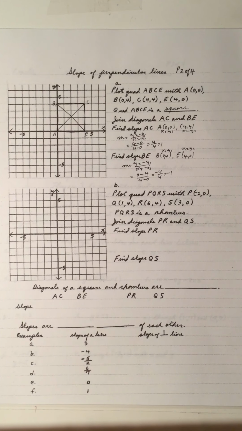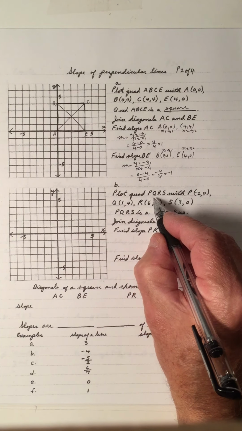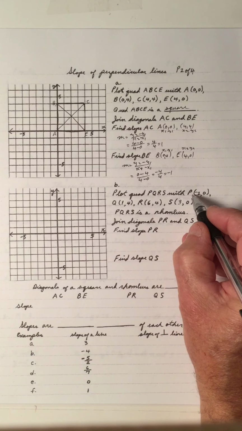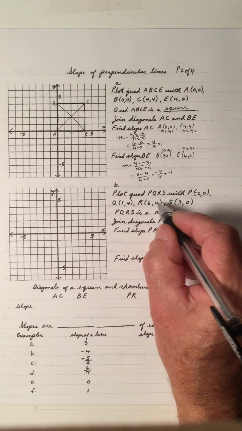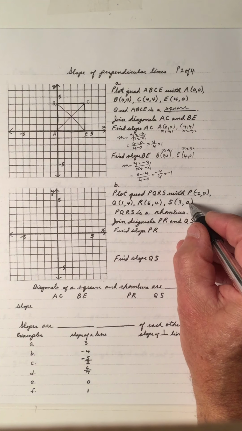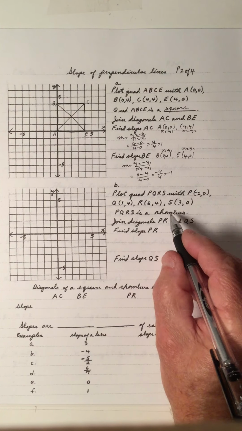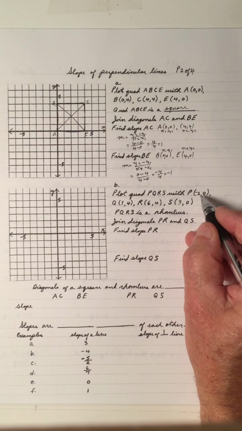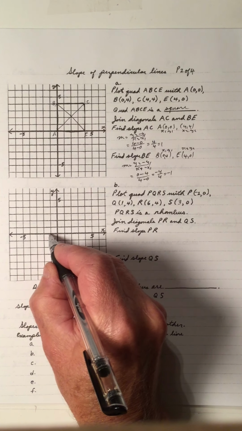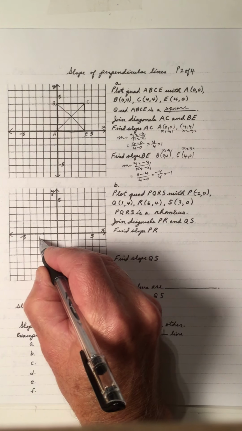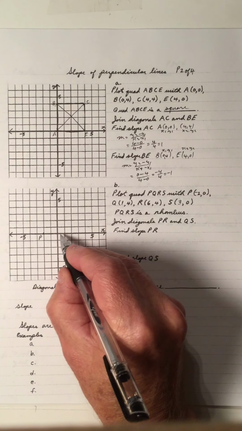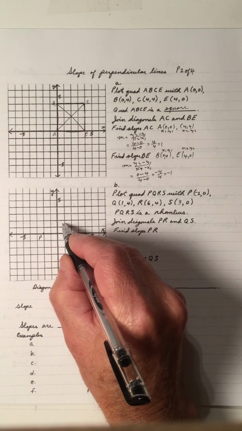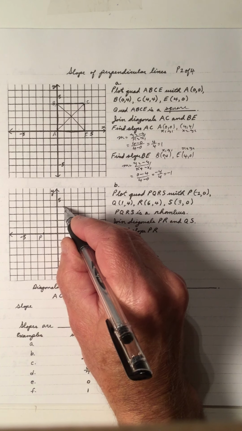Okay, let's plot the quadrilateral PQRS with P (-2, 0), Q (1, 4), R (6, 4), and S (3, 0). P is (-2, 0), there's P. Q is (1, 4): 1, 1, 2, 3, 4.